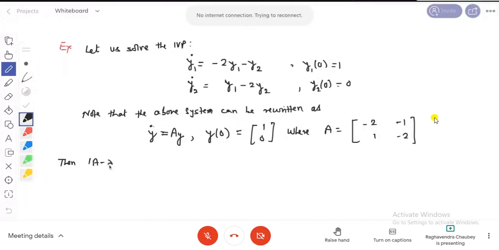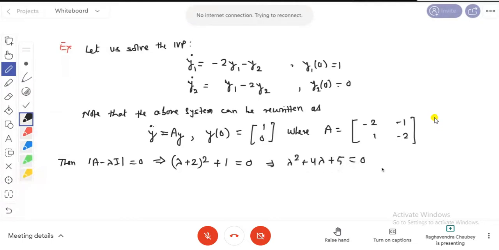Okay, after this you already know how to do it, so you have to find the eigenvalues. From this you have: lambda plus 2 squared, plus 1, equals 0. This implies lambda squared plus 4 lambda plus 5 equals 0.